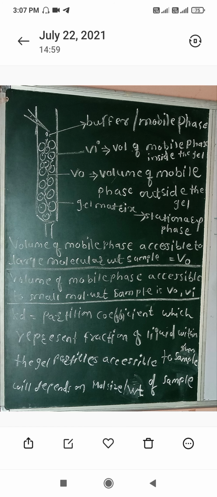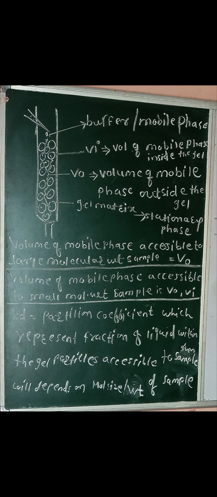Why are V0 and Vi both taken into consideration? Because of the volume of mobile phase experienced by the small molecular weight protein when the mobile phase enters the gel pores, the small molecular weight protein is initially present inside the gel bead pores, but the large molecular weight protein is present in between the gel particles.